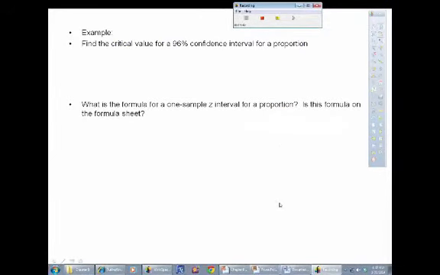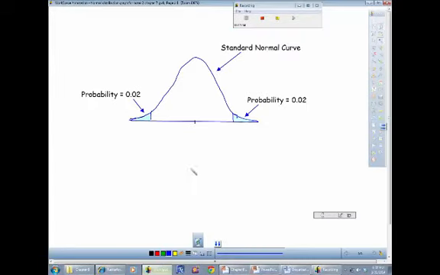Okay, so find the critical value z star for a 96% confidence interval for a proportion. So here's our normal curve. Here's our mean. Remember that's 96. That means there's 4% that's not included in our area.